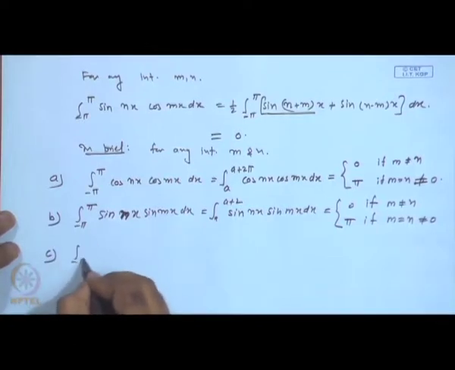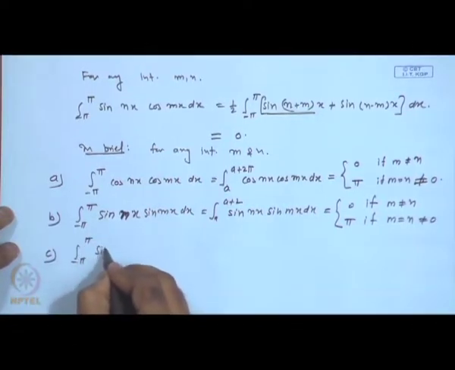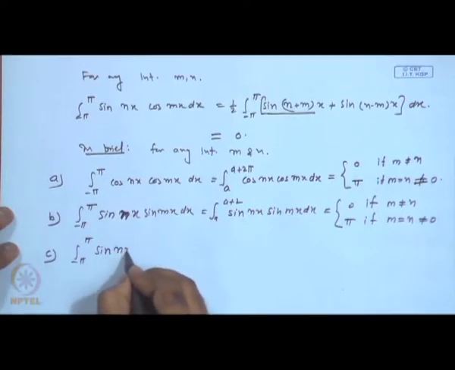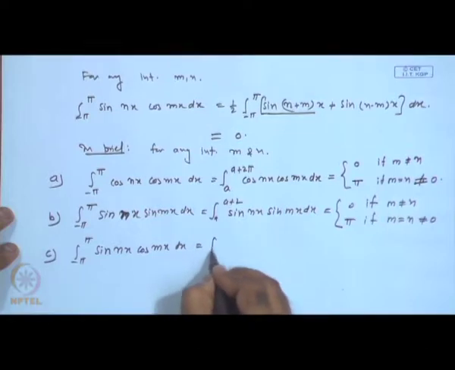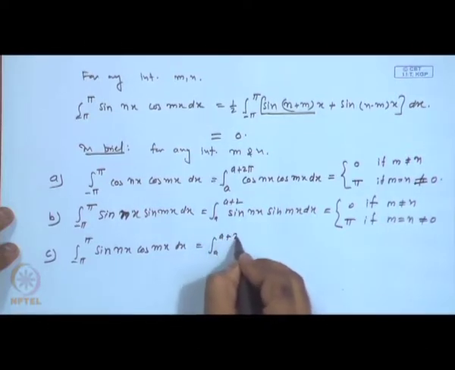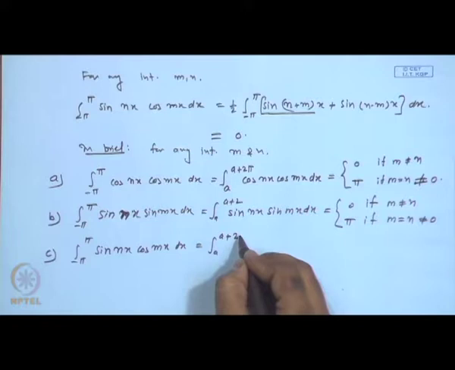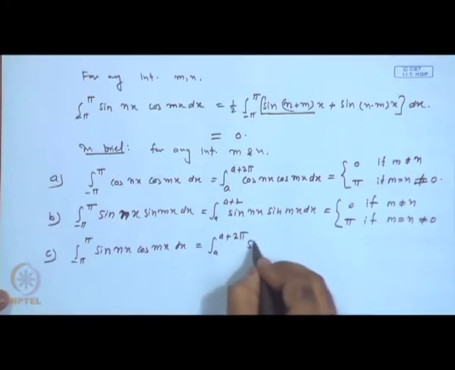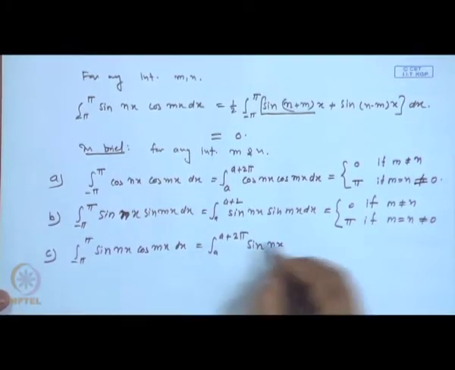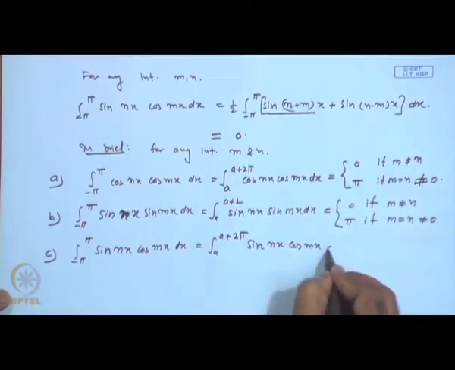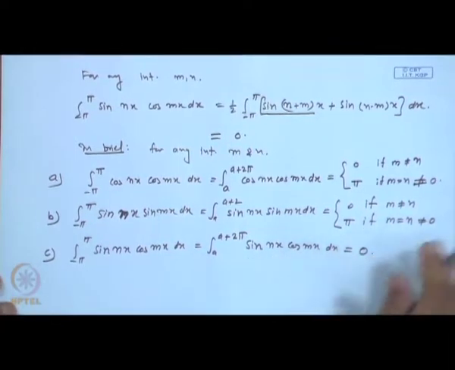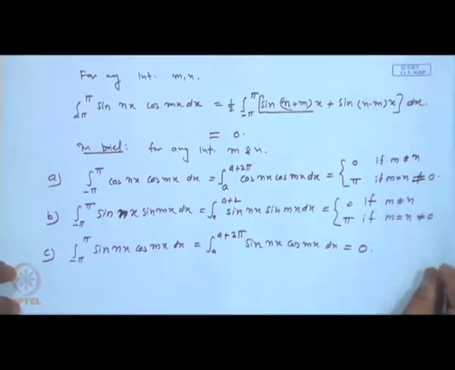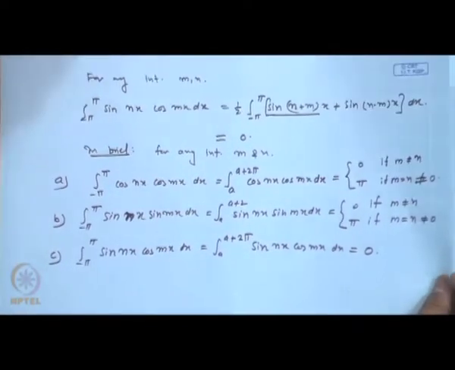The last case, from minus pi to pi, we have the combination sin nx and cos mx dx, and this over a to a plus 2 pi is always 0, whether m is equal to n or not equal to n.